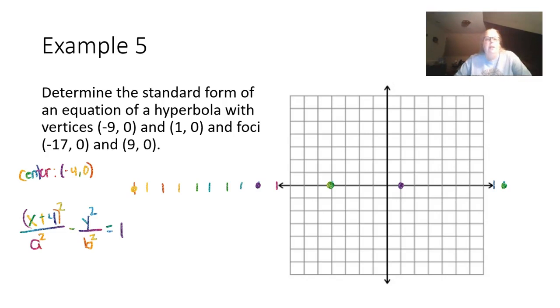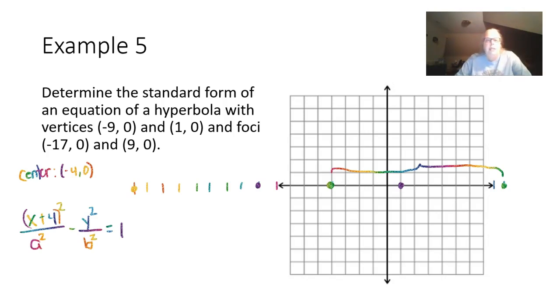Okay, now the foci. The distance from the center to a focus, all right, this is going to be 4, 5, 6, 7, 8, 9, 10, 11, 12, 13 units away.